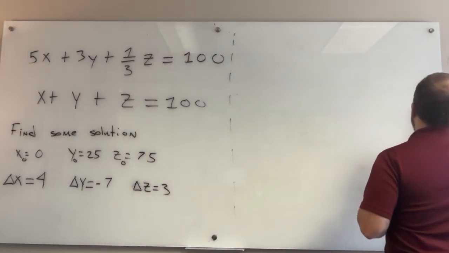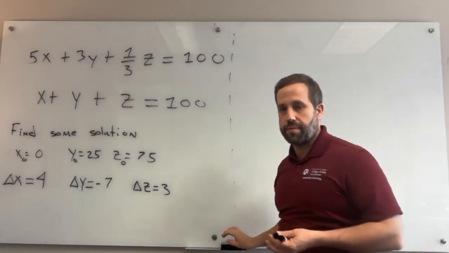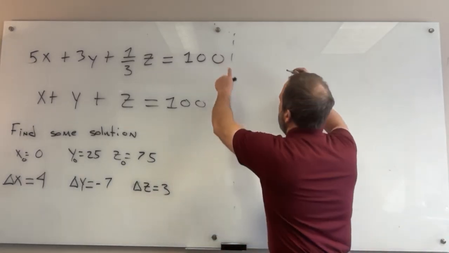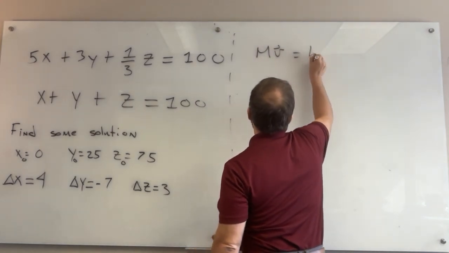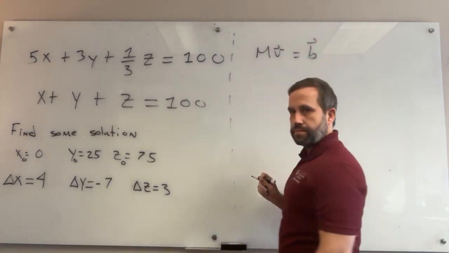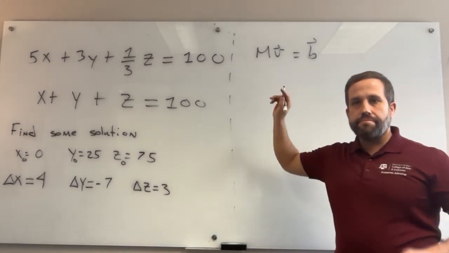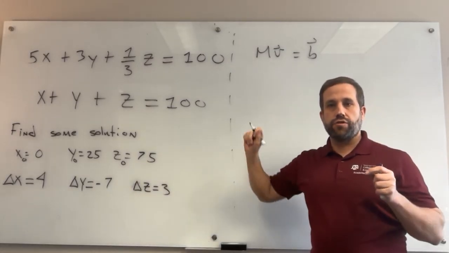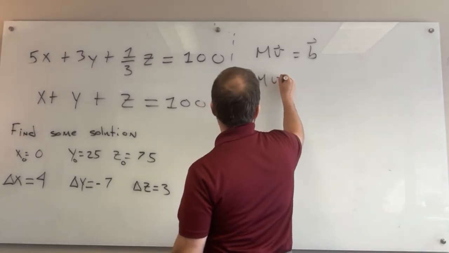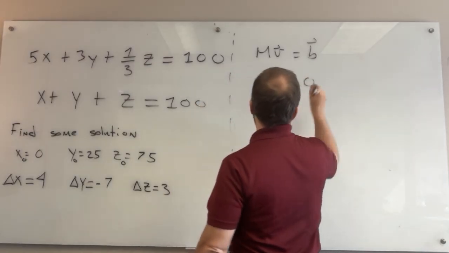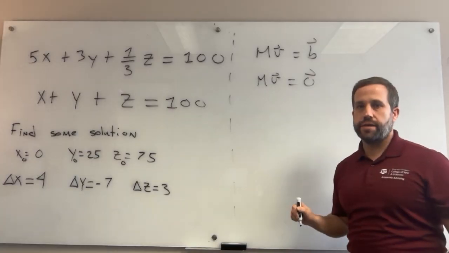Because what we begin with, I'm going to write in matrix vector notation. We can write this as Mv equals b. Now, a very common conceptual framework for solving non-homogeneous equations like this is to first solve the corresponding homogeneous equation.